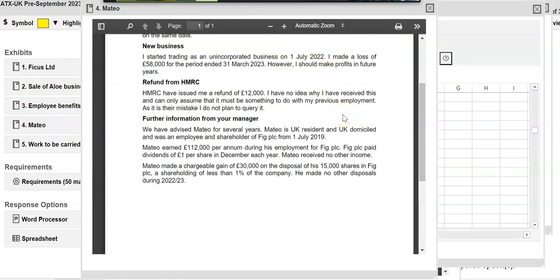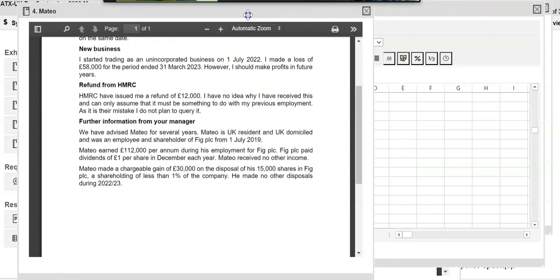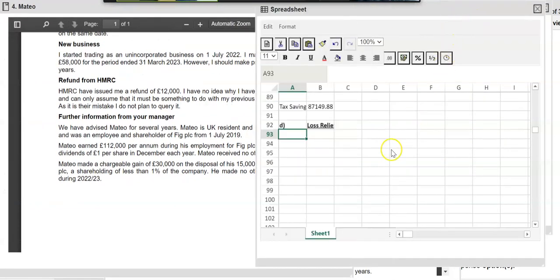So the loss of 22-23 is how much? 58,000, right? So let's first write the incomes in all years. The years were 19-20, 20-21, 21-22 and 22-23.